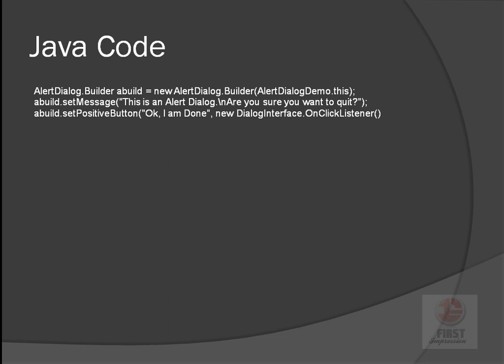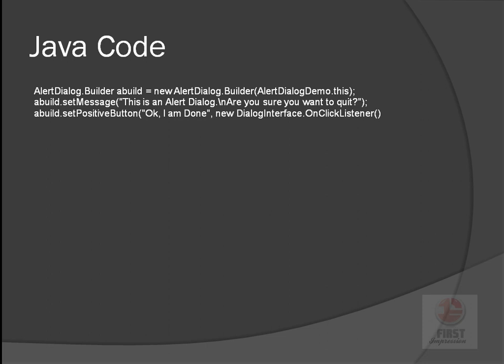The positive button is on the left of the dialog, the neutral is in the center, and negative is on the right. If we see an application, "Are you sure you want to quit?" Yes, No, Cancel. Yes, which is on the left of the dialog, will be called the positive button. No, which is in the center, will be called the neutral button, and Cancel, which is on the right, will be called the negative button.